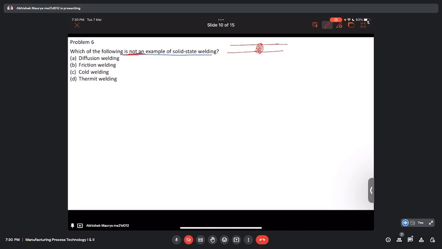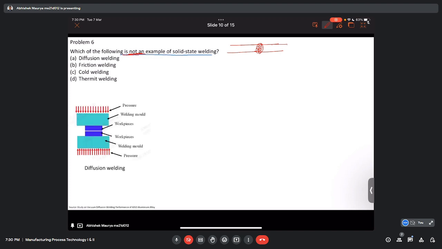So let's try to see the different processes. The first one is the diffusion process. Suppose you have a block of metal.